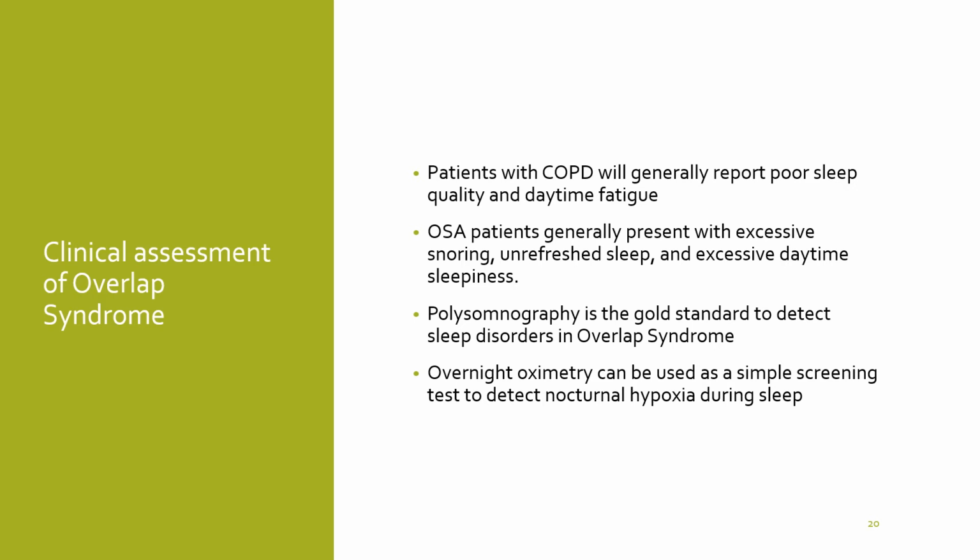Polysomnography is the gold standard to detect overlap syndrome. You need to do a polysomnography on the patient. Overnight oximetry can be used as a simple screening test to detect nocturnal hypoxia during sleep. So the gold standard for overlap syndrome is polysomnography, but you can use overnight oximetry to detect nocturnal hypoxia. And I'm going to show you a graph on the next slide.